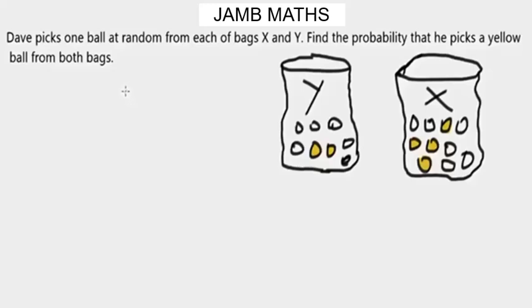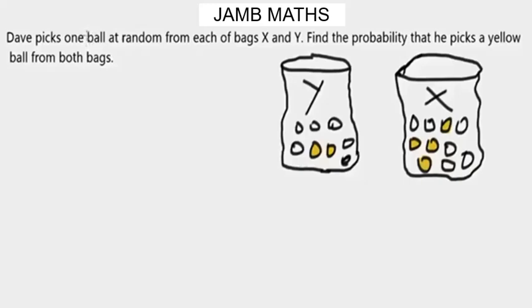If one event happening does affect the probability of the other event happening, the events are said to be dependent. So take note of the difference between dependent and independent events.